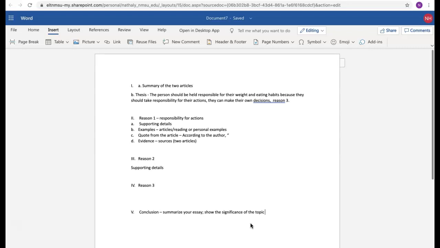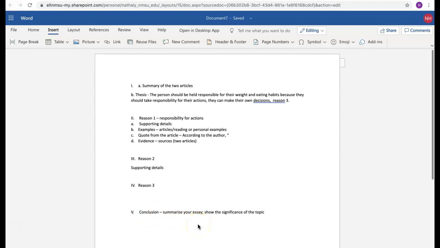So maybe that's what you think the significance is. Or maybe you think the significance of all this is that we're not taking responsibility in anything, right? Or maybe you think the significance is that we don't care about people's health, that we're not trying to help people. So whatever you think the significance is, go ahead and discuss that in the conclusion.